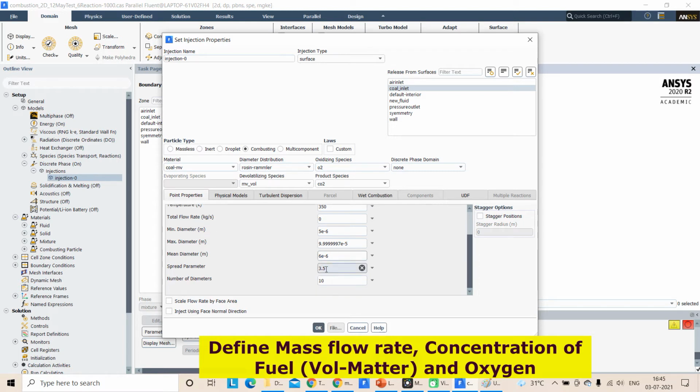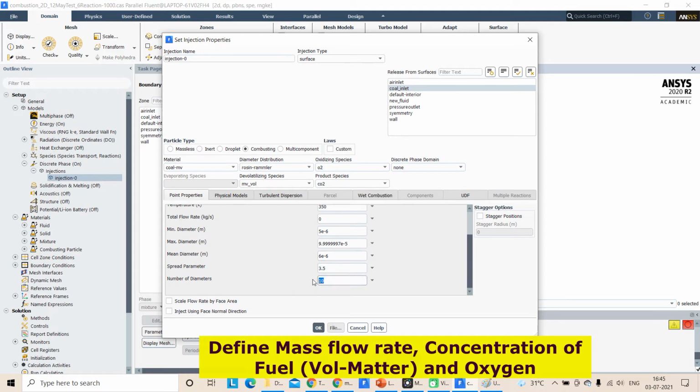Spread parameter you can keep constant at 3. It decides the curve of the Rosin-Rammler particle distribution. The Rosin-Rammler particle distribution is similar to the normal distribution curve, based on the statistical data of the particle diameter.